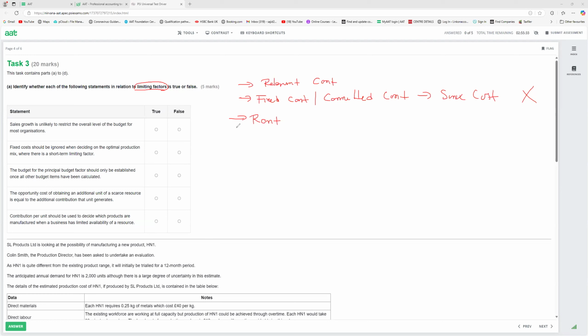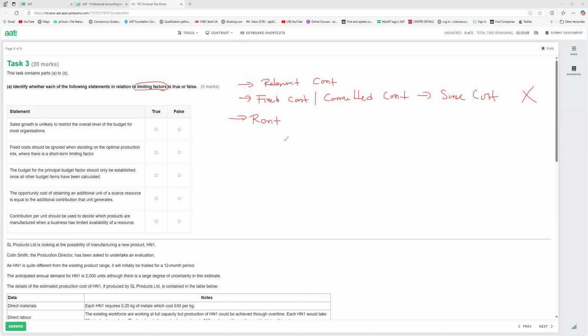The next point, which is very important to understand, is limiting factor per scarce resources. Scarce resources means the resources we have a shortage of, for example labor hours, material or machine hours.